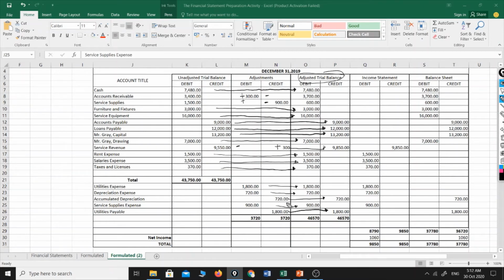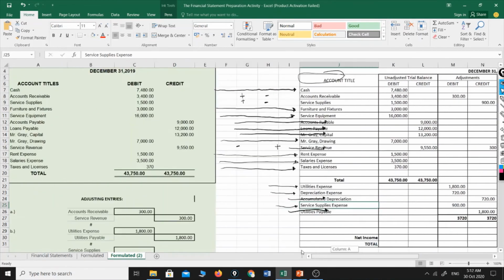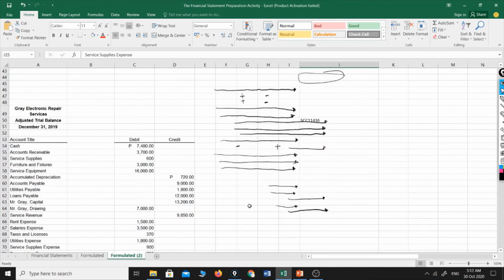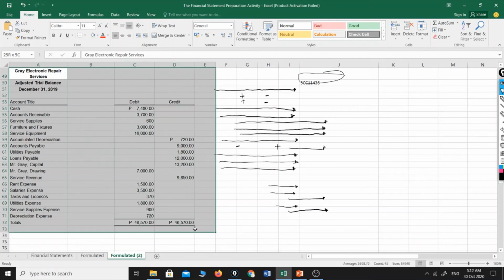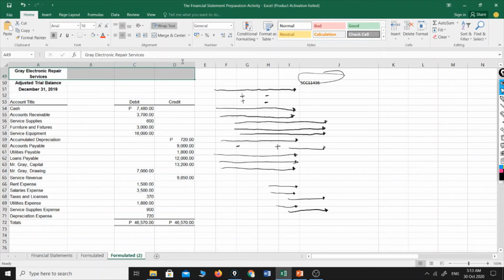So if you prepare an adjusted trial balance, you will have this one as our adjusted trial balance here. So this is our adjusted trial balance. If you have the worksheet, okay, you could easily prepare your adjusted trial balance. Okay?